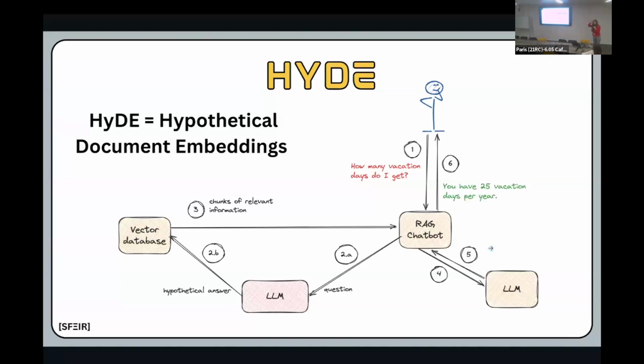So again, we can do this part with a separate model and then ask to find the corresponding chunks from the vector database with our statement. And then again, pass everything to the LLM, which is going to rephrase it beautifully and answer the question. A little strange, but if you think about it, it's really just looking for something close in a vector space, and this is going to be probably closer.